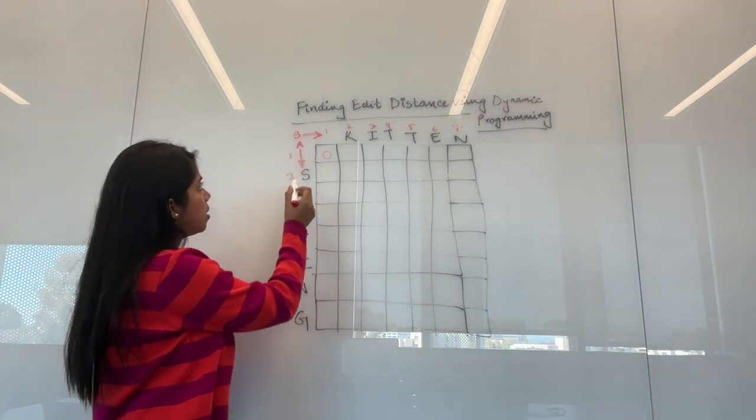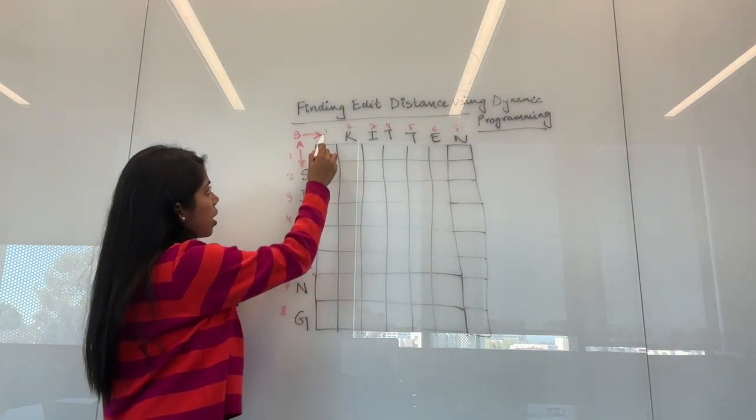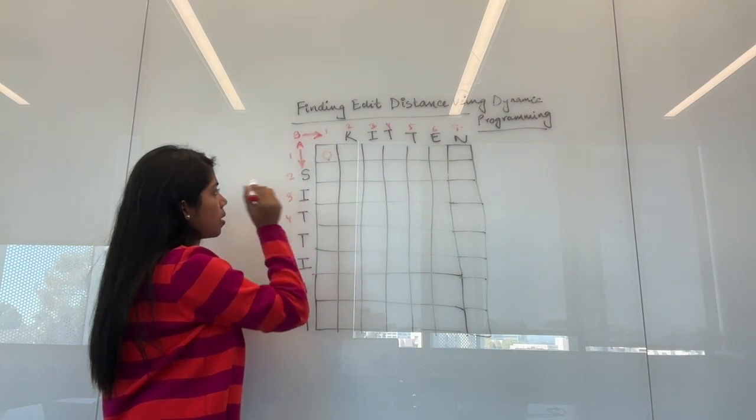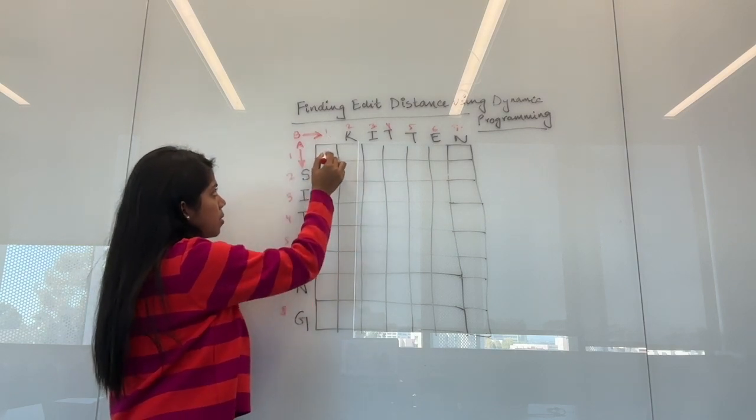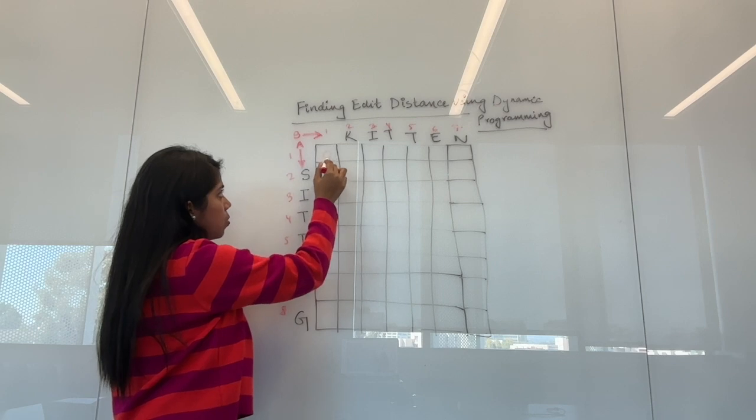Here, what we will see is the first row and the first column, this cell is null, there's nothing to be done, so this is 0.